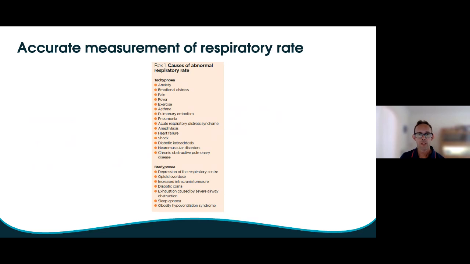Patients with diabetic ketoacidosis, so to remove acid from the body, we increase our rate to remove carbon dioxide, so hence that is a really good sign. Neuromuscular disorders, so patients with motor neuron disease and other neuromuscular problems where they get weakness of the chest muscles, the diaphragm, can be indicated by increasing respiratory rate. And chronic obstructive pulmonary disease, as I mentioned earlier.